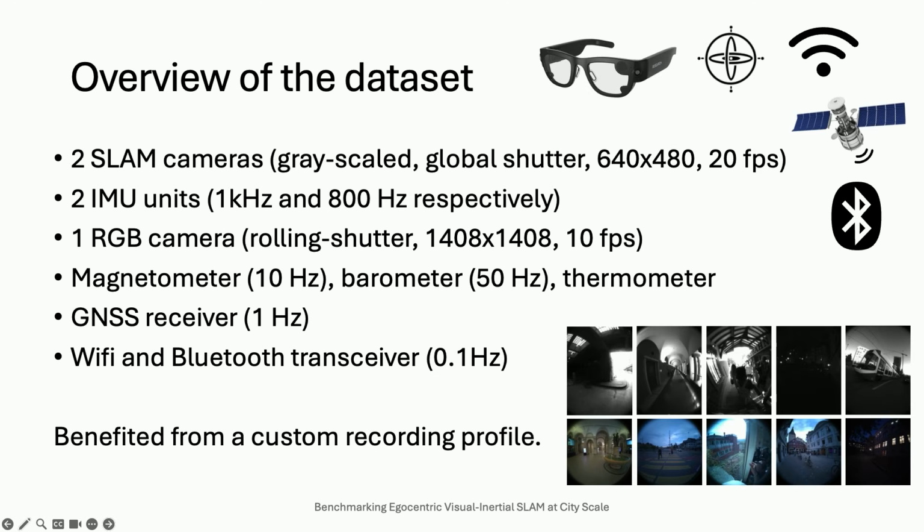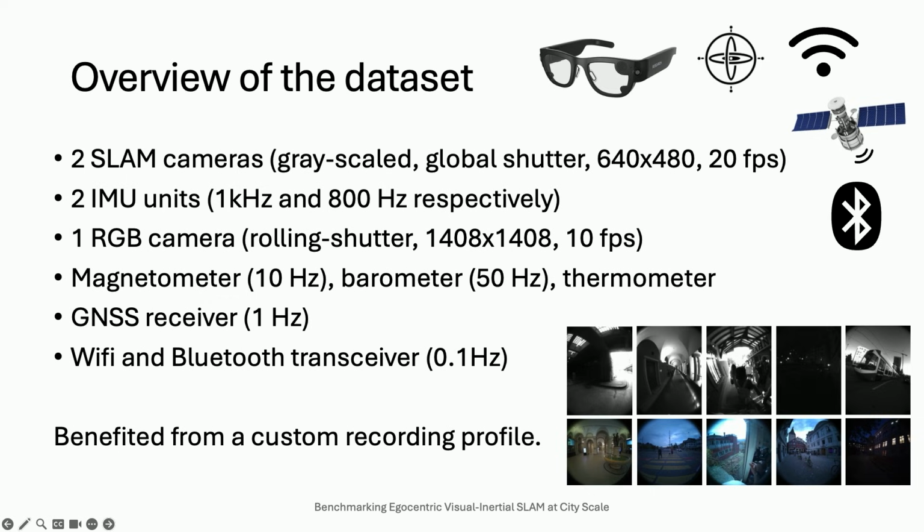And we benefit from a custom recording profile, and we were lucky to collaborate with the Project Aria team, so in the end we only have data that are relevant to the dataset, so we don't have eye tracking data.